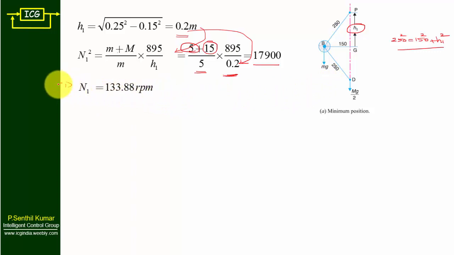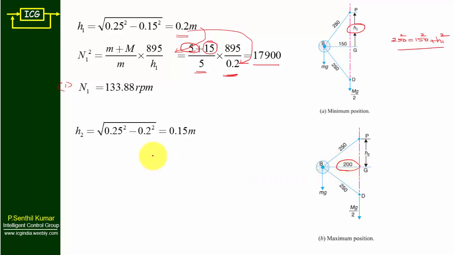Similarly, we can find the answer for subdivision 2 by drawing another free body diagram. So this is free body diagram 2. Here R2 equal to 200 mm. This is a formula to find h2.